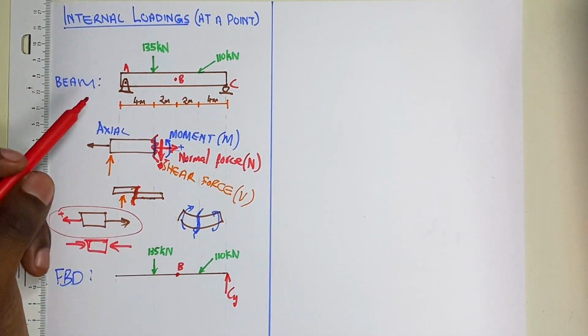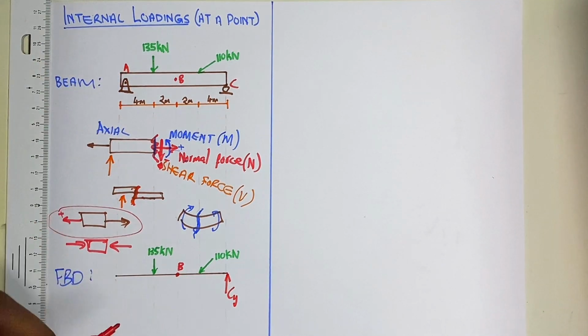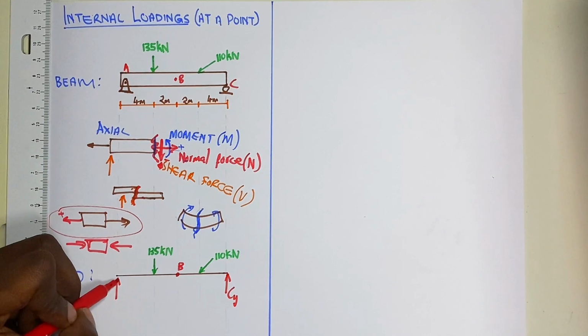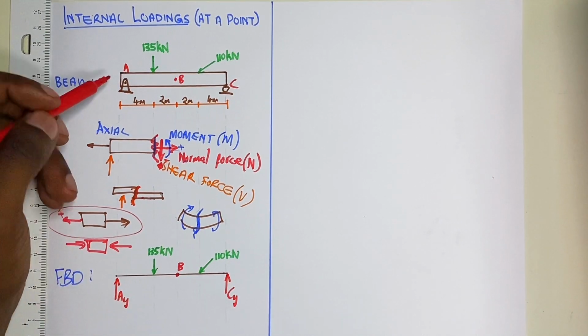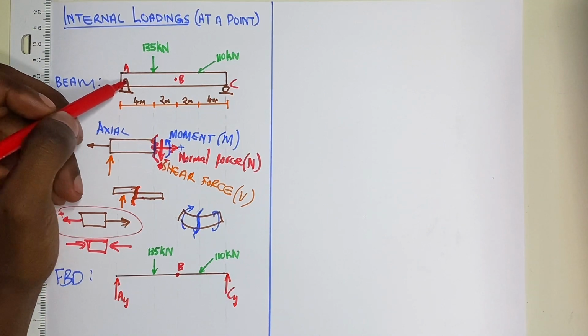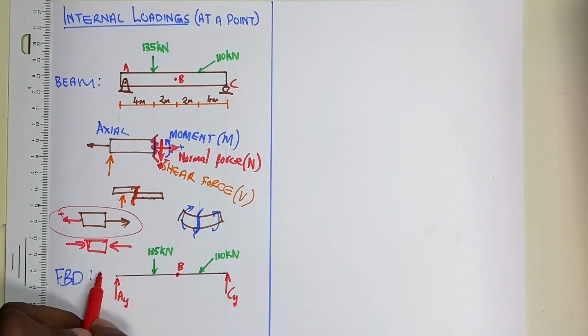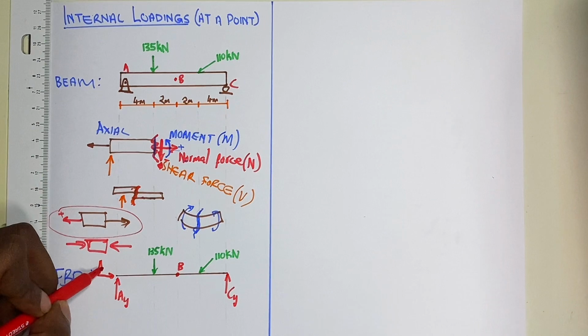Now at A, I have a pin, and that pin is supporting our beam in the Y also. So I have A_y, and also because it is a pin and it's pinned to this beam, our beam is not able to move in the x-axis. So for now, I'm just going to put my A_x.